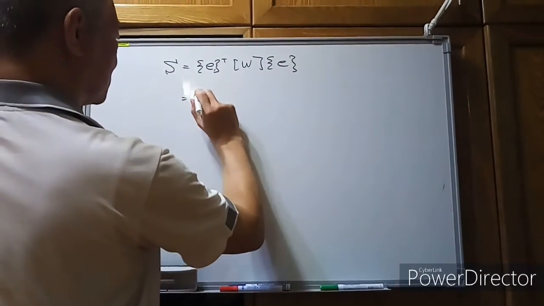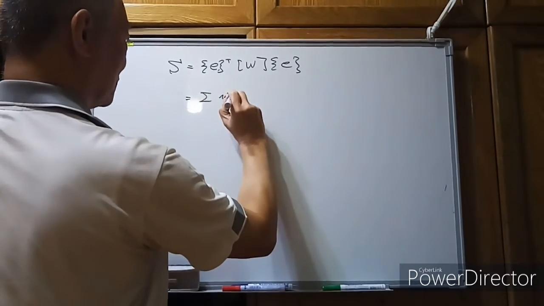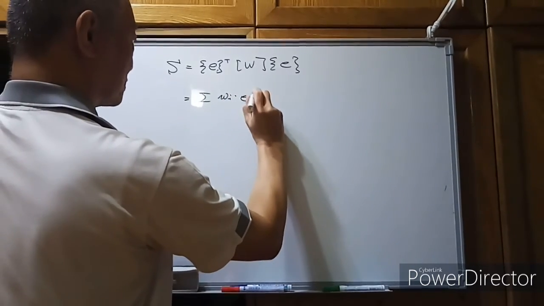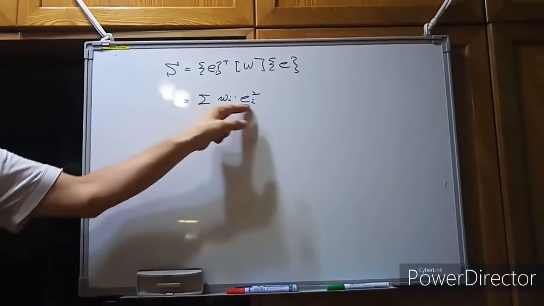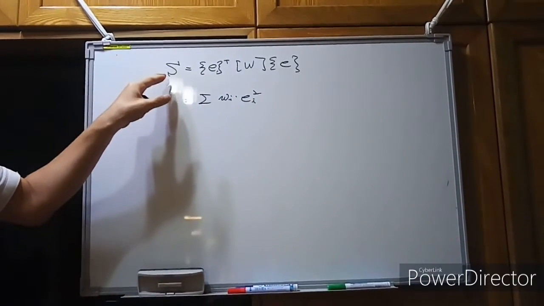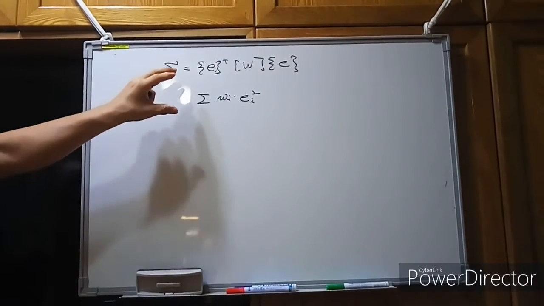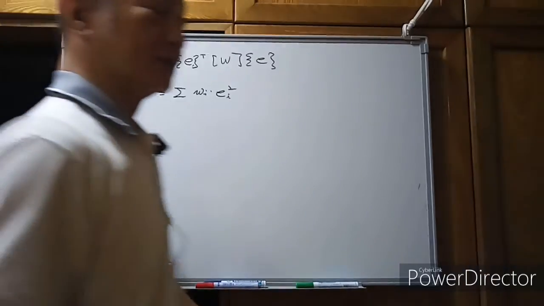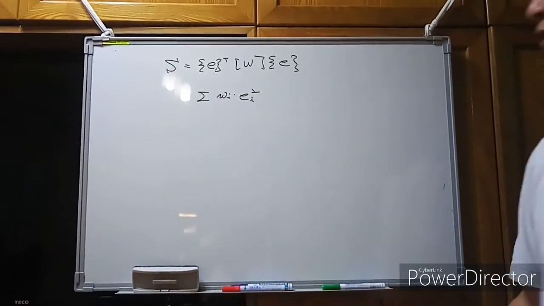The capital S is equal to the sum of Wi times Ei squared. That's the mathematical formula which defines the capital S function. And if we use the matrix form, then it can be written something like this one.